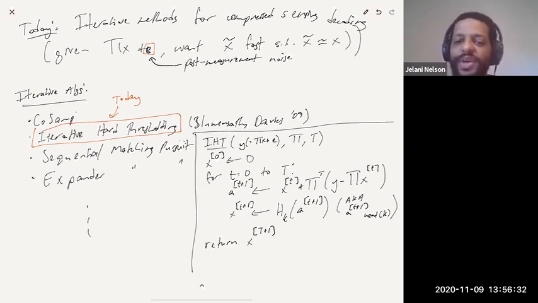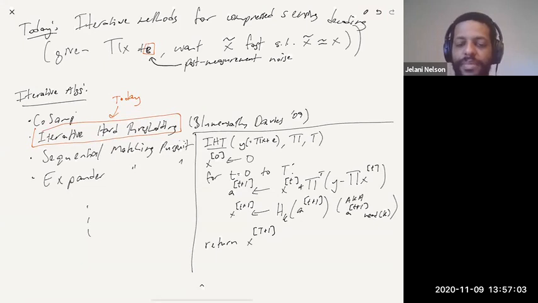So if you notice here, we're applying Π to x_t in the for loop, y minus Π x_t. Well, x_t is k-sparse, so we can hope to reason about Π times x_t because it's Π applied to a sparse vector. You're going to see it when we actually do the analysis formally, but that's why we keep doing this hard thresholding operator, to make sure that we're always applying Π to something that's sparse so that in the analysis we can actually reason about it.